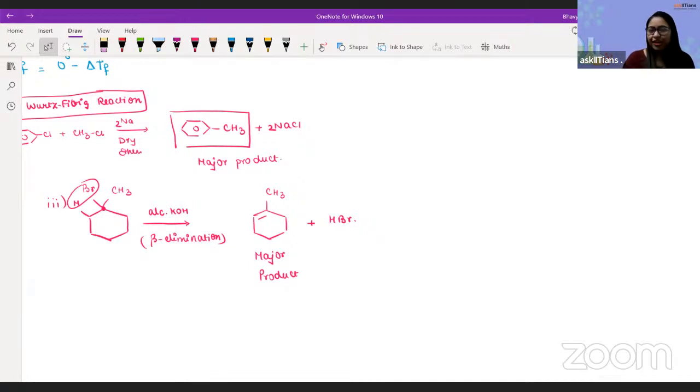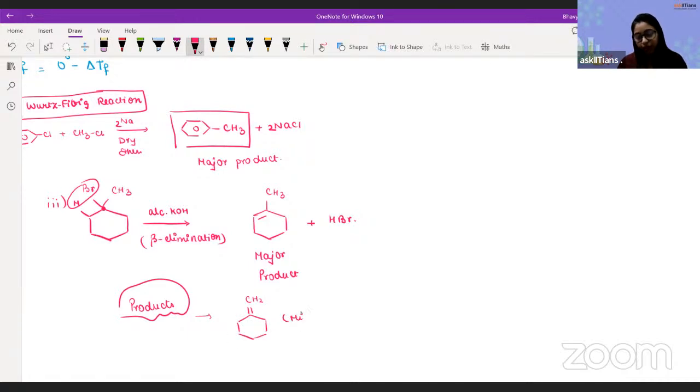They do not want any explanations. They do not want how you have received it. They do not even want the minor product. If they ask you to write the structures of different products obtained by the dehydrohalogenation, in that case you can mention the minor product also, which is this.